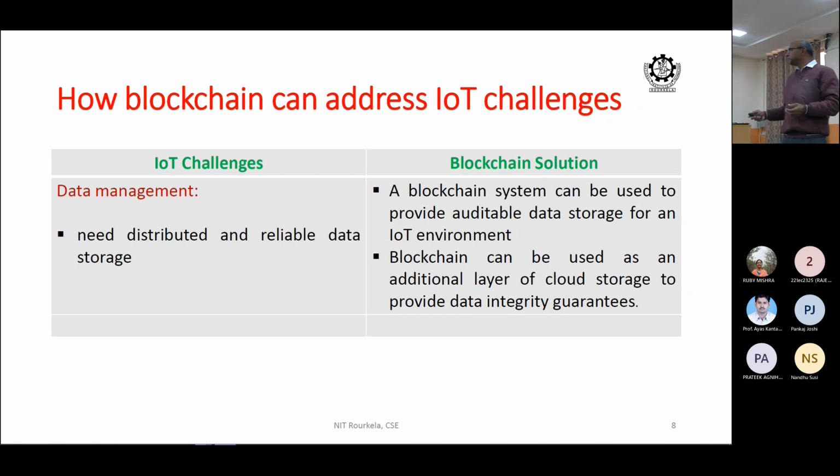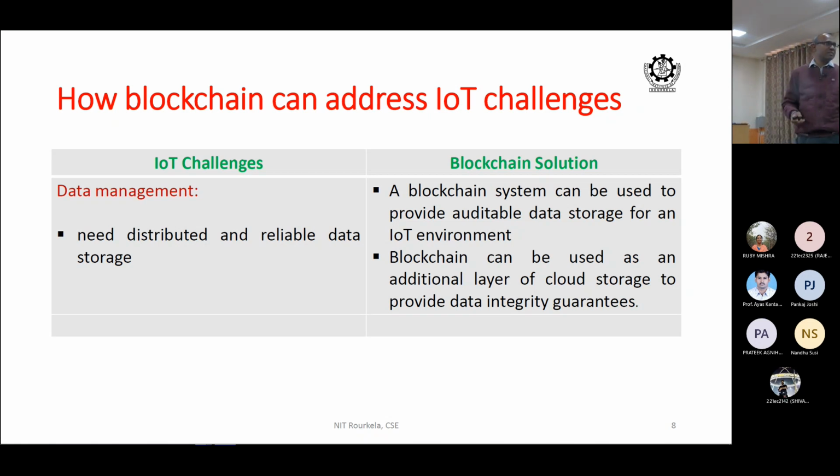So what we want is distributed storage. But it's not only distributed storage. From centralized storage, you move to distributed storage, absolutely fine. But what about the reliability of the data? Because you moved from central to a distributed system, you cannot claim my data is reliable.